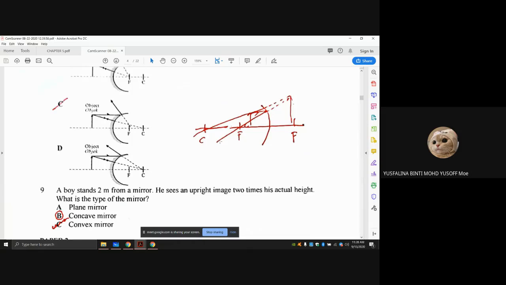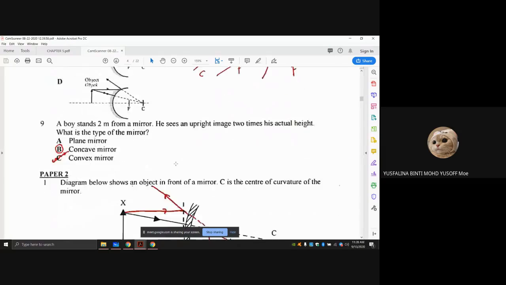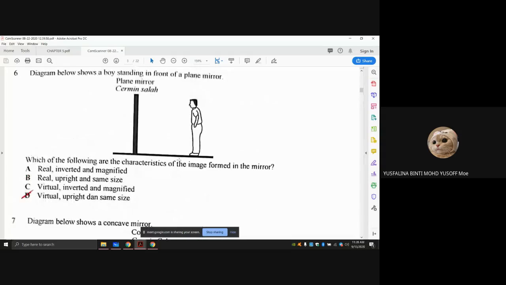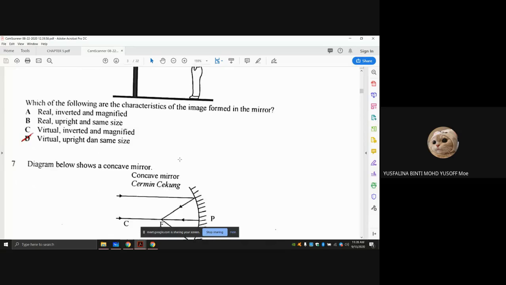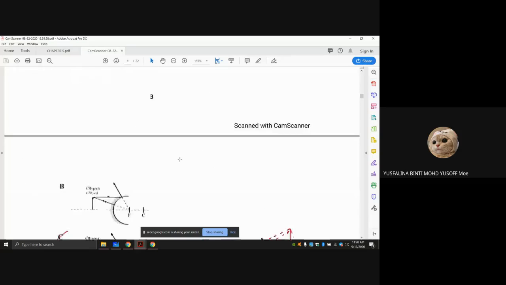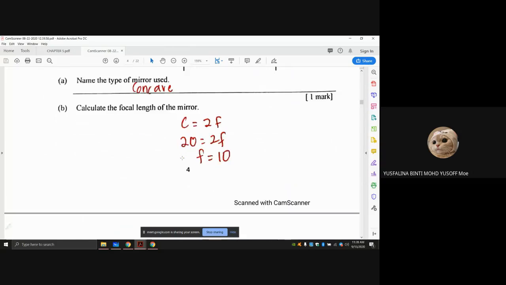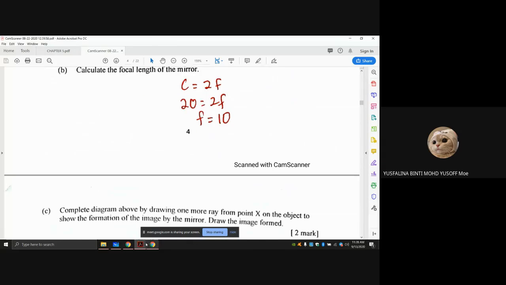We already answered this question for objective part. I can't remember. Anyone remember? Can someone say something? Wait, I check first.